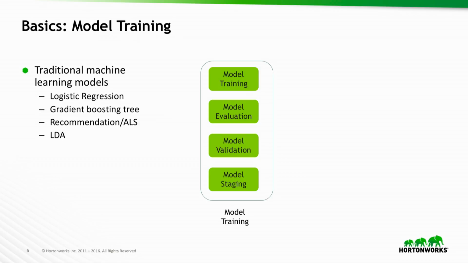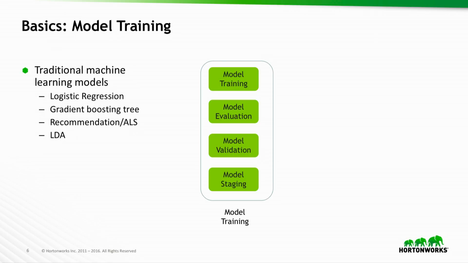There are two categories of model training, or in general machine learning models. One is what we call traditional machine learning models. These models were invented a long time ago. They are not as shiny as deep learning models, but they are still very useful, and in many fields they are not replaceable by deep learning models.